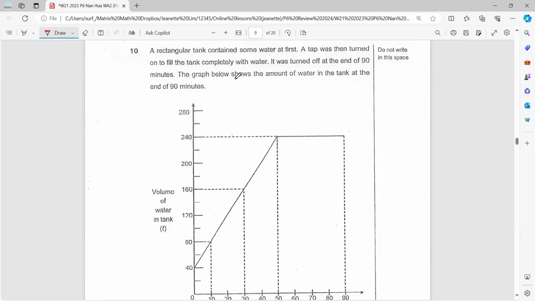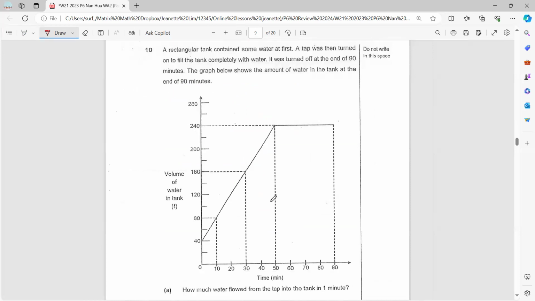Question 10. A rectangular tank contains some water at first. A tap was then turned on to fill the tank completely with water. It was only turned off at the end of 90 minutes. The graph shows the amount of water in the tank. How much water flowed from the tap into the tank in 1 minute?